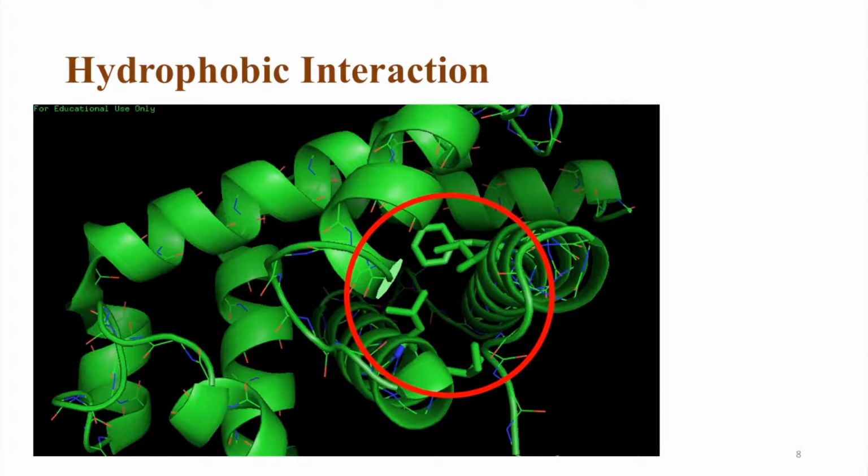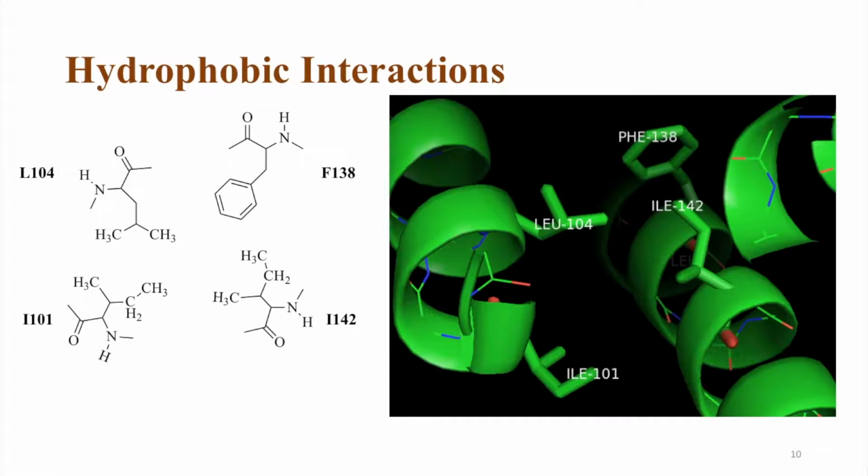In the example with myoglobin, we can see 4 nonpolar amino acid residues buried inside the protein, surrounded by alpha helices. To be more specific, as you can see with the Lewis structures and three-dimensional structure, there are a series of residues that are interacting with each other, avoiding the interaction with water molecules.